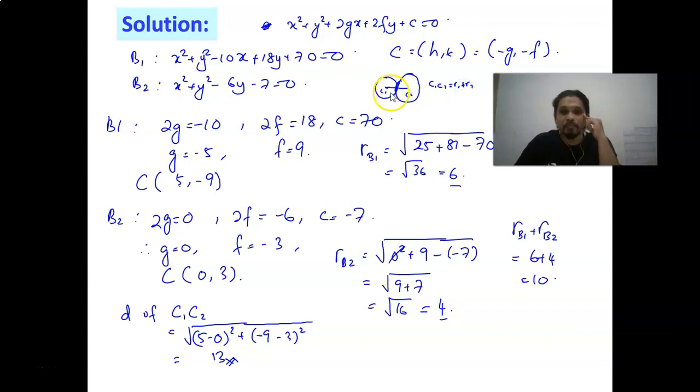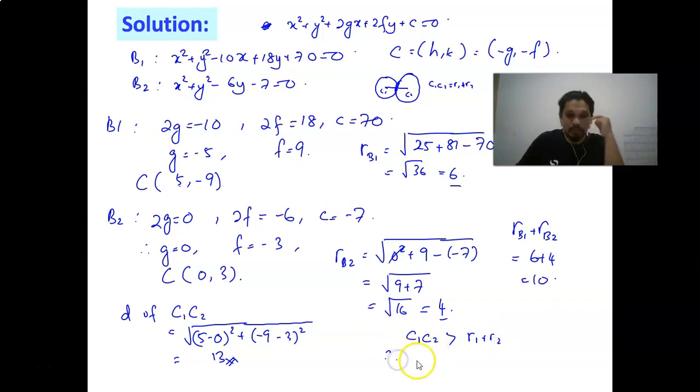Okay, but it's not happening, because the distance between the centers C1 and C2 is greater than the sum of the radius of B1 and the radius of B2, meaning here C1 C2 is greater than R1 plus R2.